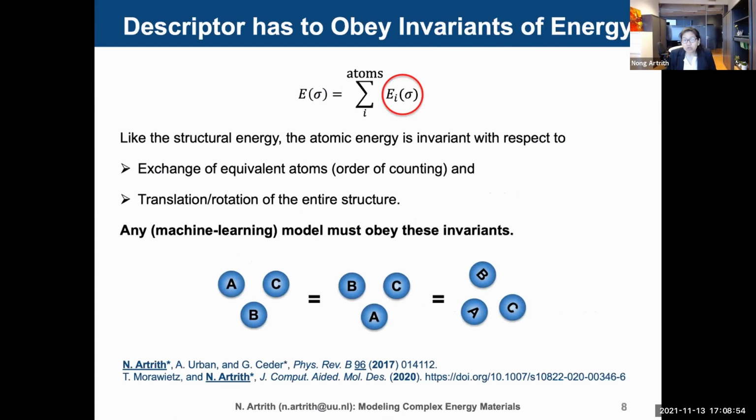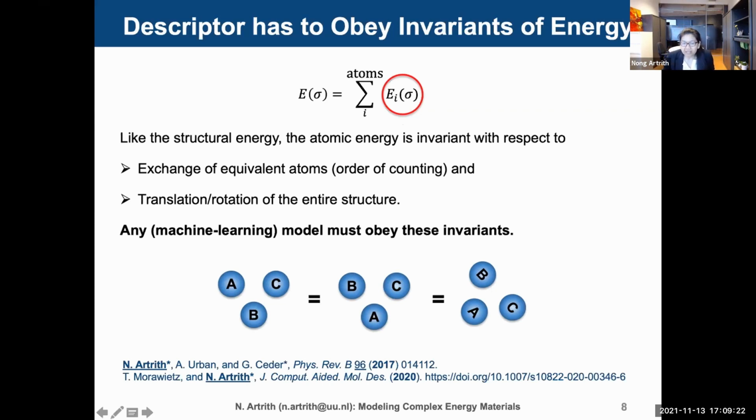So the descriptor has to follow the invariance, for example, of the energy here. You can see the properties of the atomic energies and the total energies of structures. For example, sigma here is the sum of atomic energies, and the atomic energies have to follow the physical invariance of the total energies. The atomic energies have to be also invariant with respect to exchange of equivalent atoms and with respect to translation or rotation of the structures.